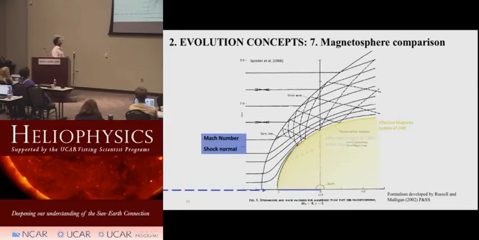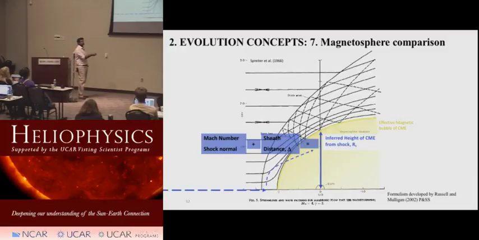Then, as the spacecraft continues to go through, you will measure the time that you're inside the sheath region, so this distance here between the shock front and your magnetic bubble. In that case, we can use the theory of the magnetosphere and its structure: if I know what this width is, then I can make inferences of what this height should be, perpendicular, because I know the geometry of what a magnetosphere should be.